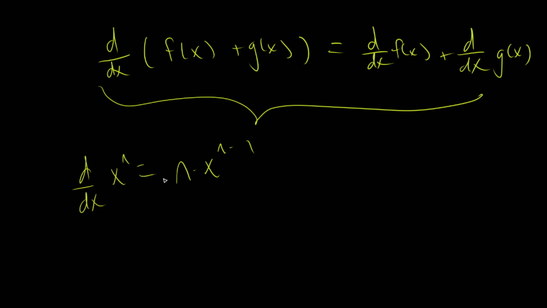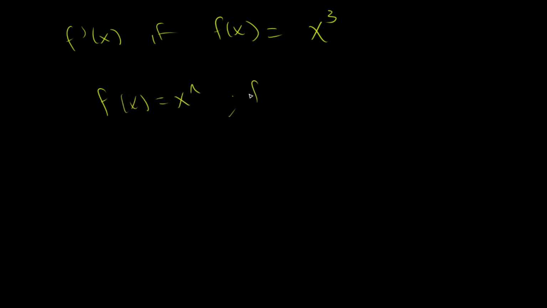So, for example, find f prime at x if f at x equals x cubed. Now we know from the formula that if f at x equals x to the n, then f prime at x equals n times x to the n minus 1.